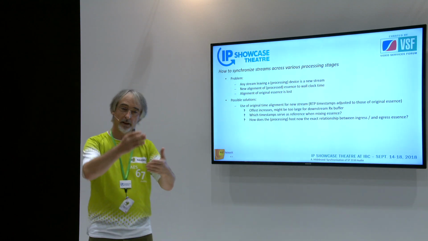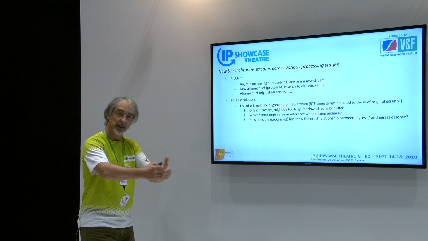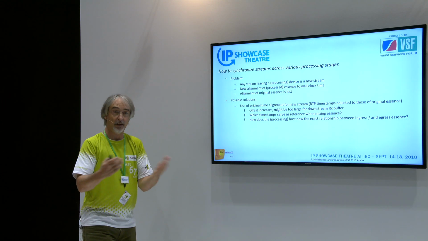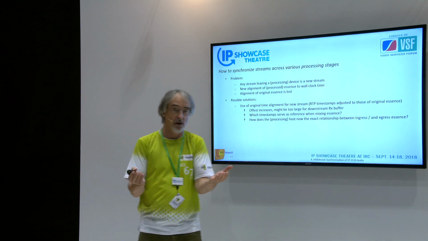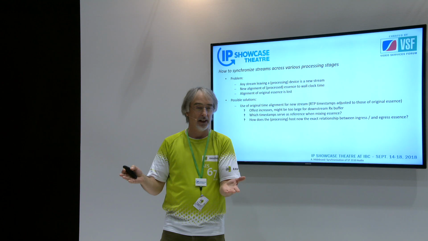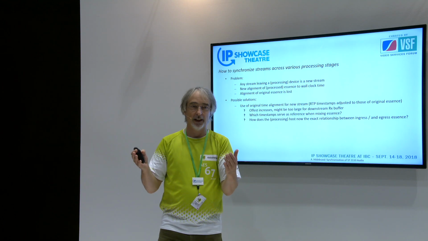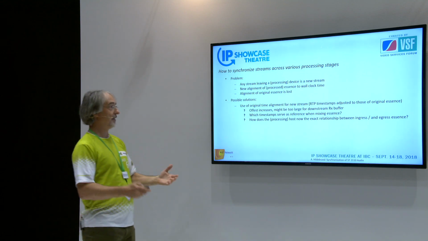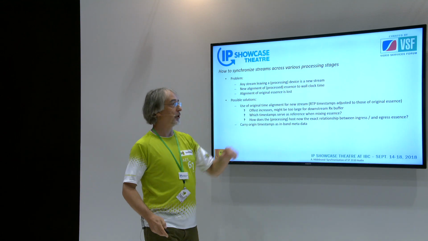And then all of a sudden, some essence appears at the egress plane again, which is our reference plane for the timestamps. So how would that device on that network plane know what was the exact duration of that essence inside my device? How would it know? It would only know from a management layer above. Someone has to tell the system which timestamps to use.